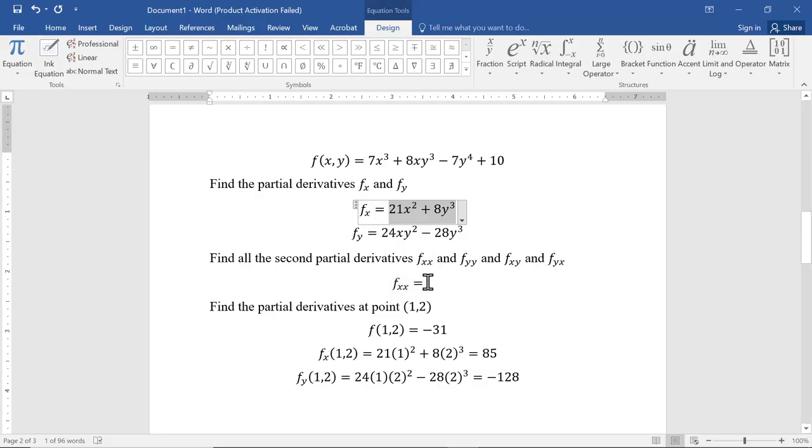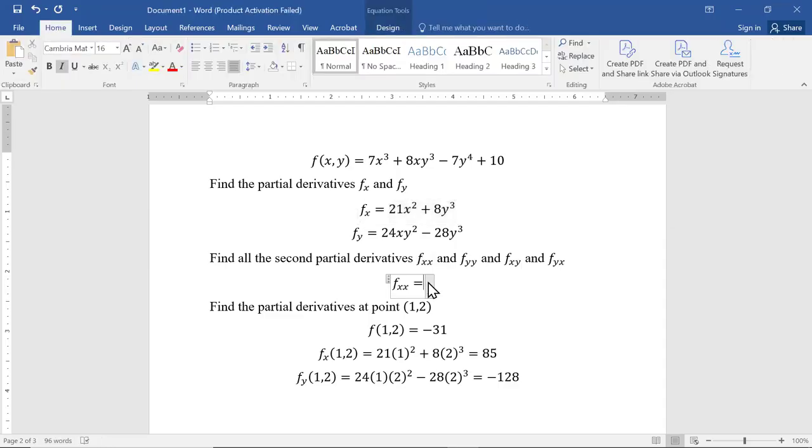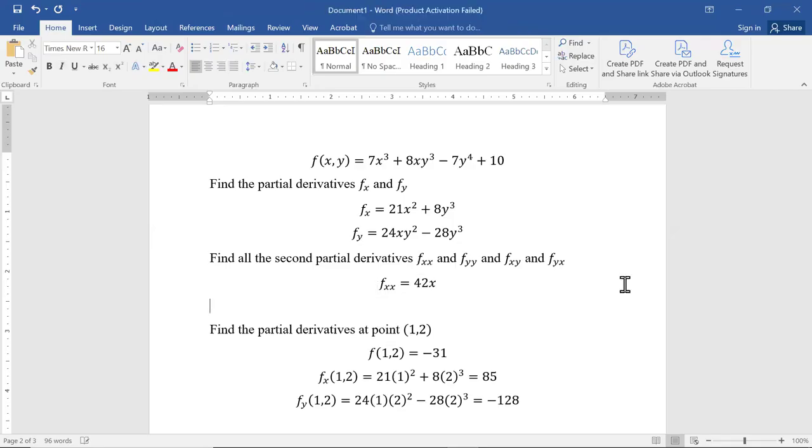The first term, I'd take 2 times 21. That would give me 42 times x to the first. And then the second term of 8y to the third, with respect to x, that is a constant, and therefore it'll be 0. So f sub xx is 42x.